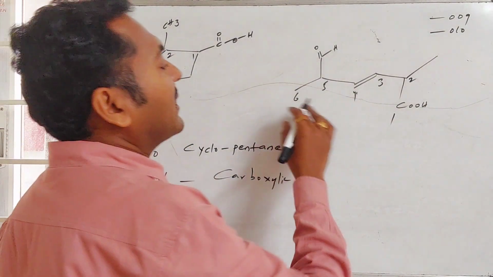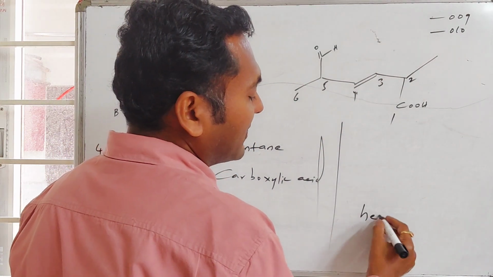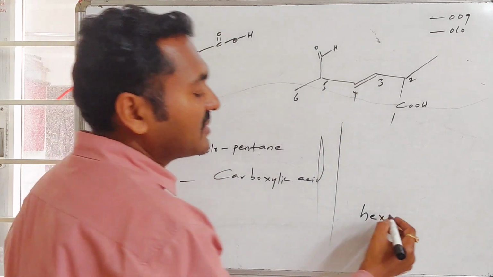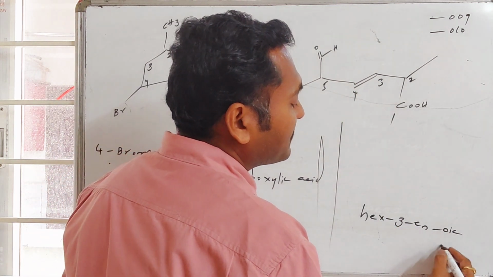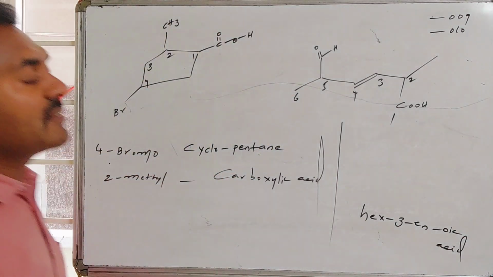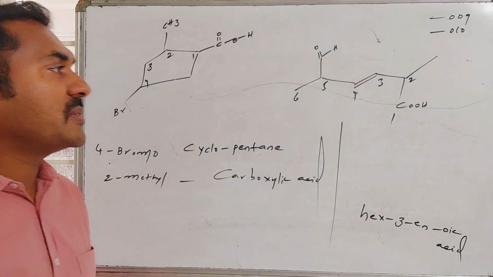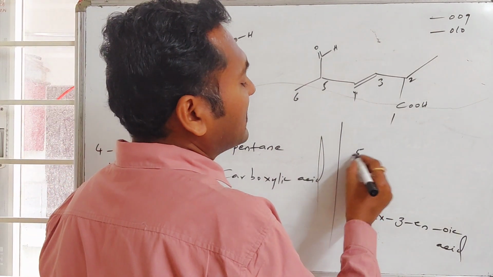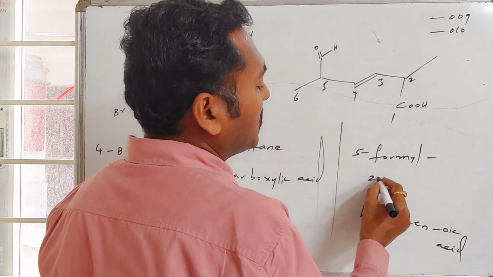In this way, there are 6 carbons containing the acid, hence the name ends with hexanoic acid. At the 3rd position it has a double bond, hex-3-enoic acid. At the 2nd position as well as the 5th position there are substituents. The 5th position has a formyl group, 5-formyl, followed by 2-methyl.